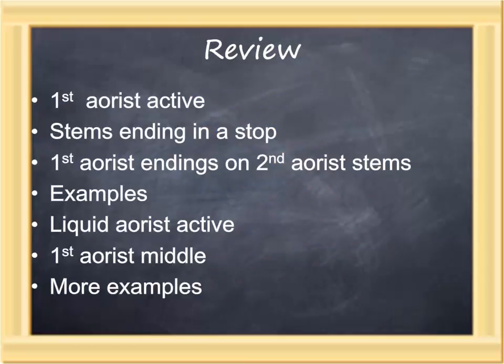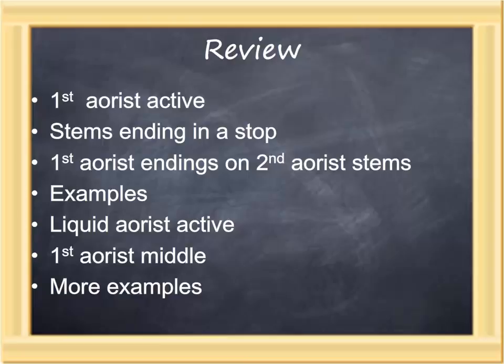In this lesson, we've looked at first aorists and their related forms. First aorist active and first aorist middle are identified most clearly by the presence of a sigma alpha. The related liquid aorist actives use just an alpha instead of a sigma alpha following the liquid consonant with which the stem ends.